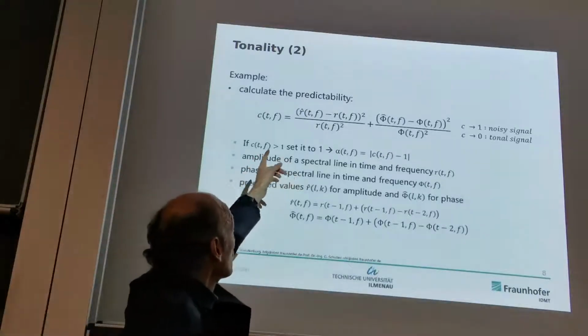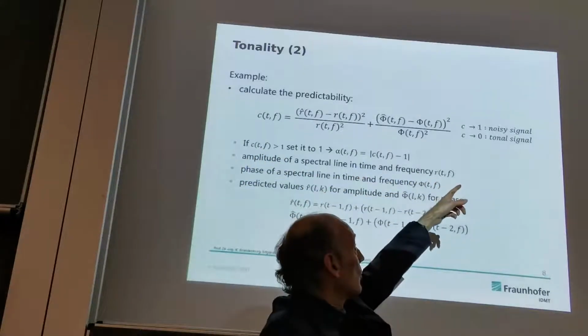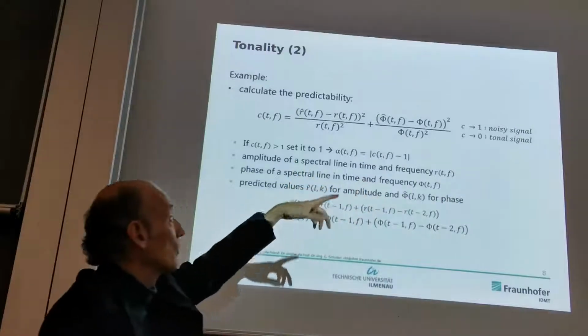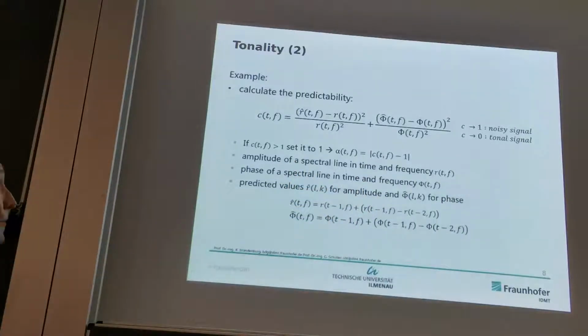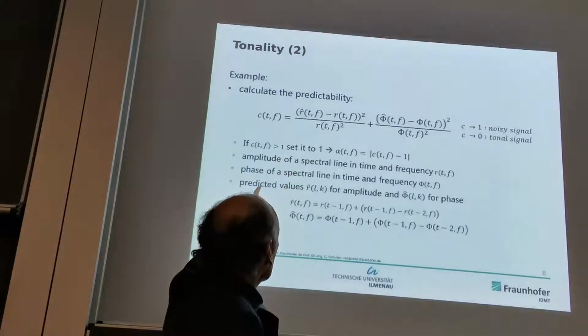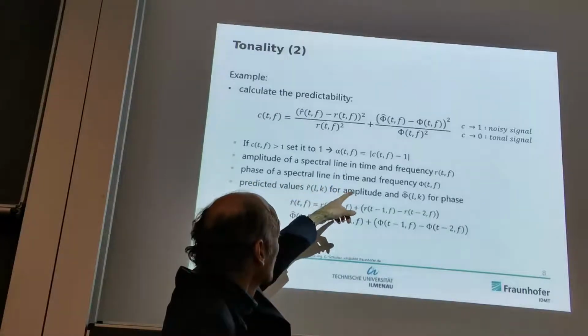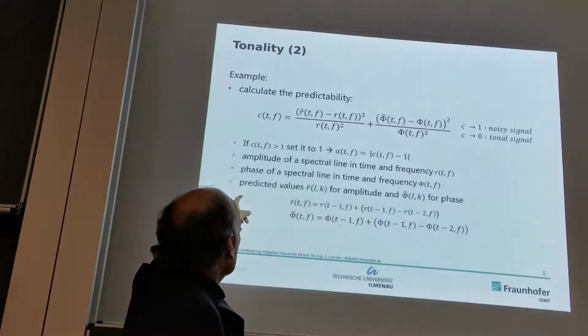And then we can compute this coefficient, c, and c goes to 1 when we have a noisy signal, and it goes to 0 when we have a tonal signal. So here you can see r is the prediction residual amplitude of the spectral line in time and frequency, r(t, f).